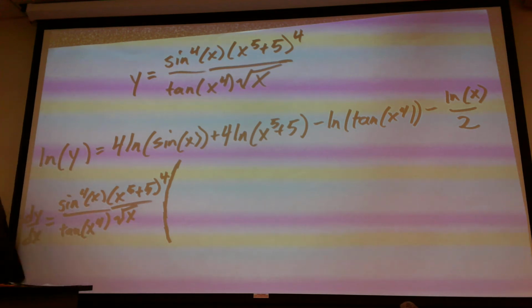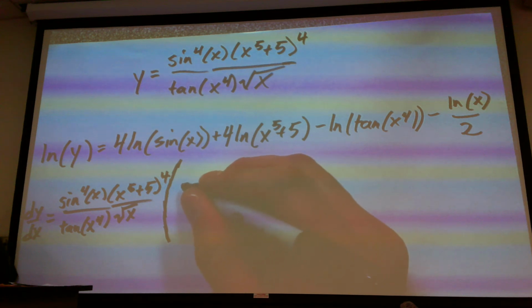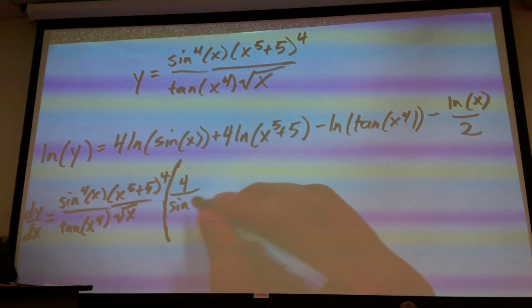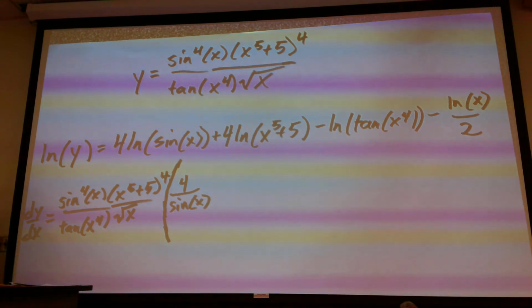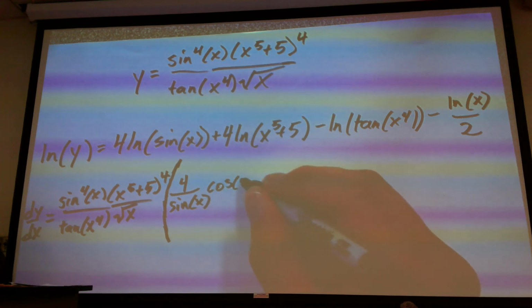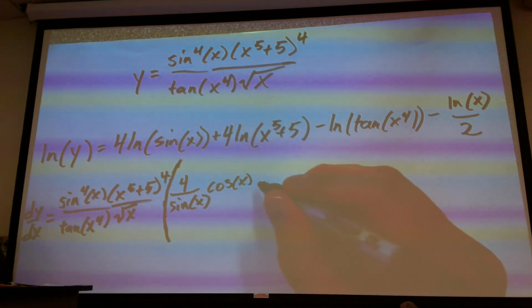Okay? So this first one, I'm going to write kind of small so I can fit this on here. The first thing that happens is whatever's on the inside of the logarithm gets forced down to the bottom, and then we multiply by its derivative. Right?